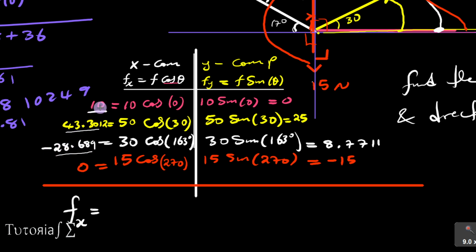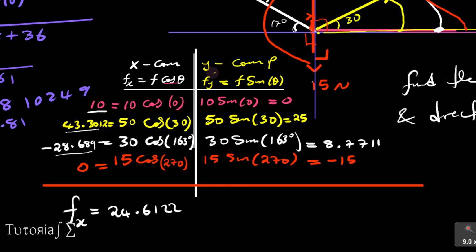So that is 10 plus 43.302 plus negative this plus this. So this will give us 24.6122.